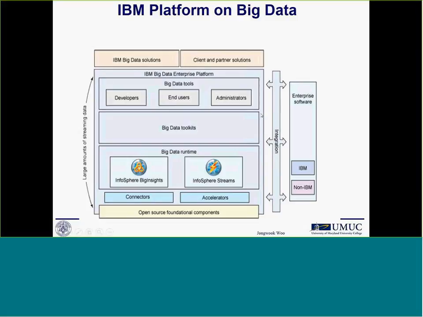So based on BigInsights and Streams, you can integrate with the big data toolkits, such as business intelligence tools like SPSS, Tableau, or Qlik. And that could be based on an on-premise data center, or it could be based on the Bluemix cloud computing.